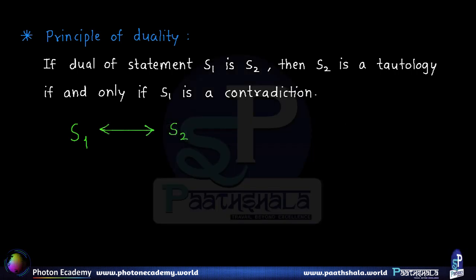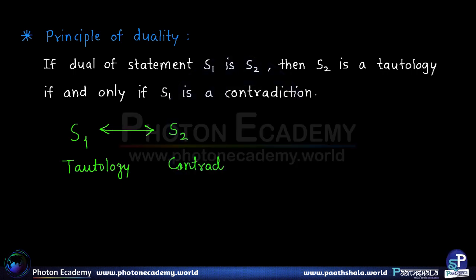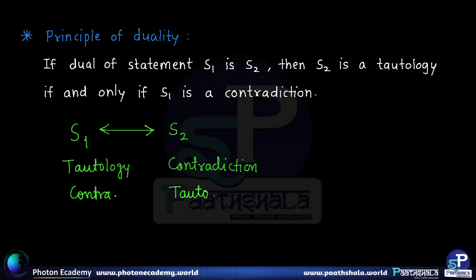Of course the dual of S2 will be nothing but S1. If the original statement is a tautology, then its dual will be a contradiction. This is what this principle is telling us. If the original statement was a contradiction, then the dual of that will be a tautology. Okay? So that's the principle of duality.